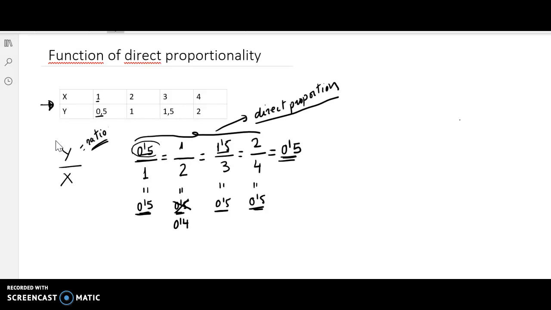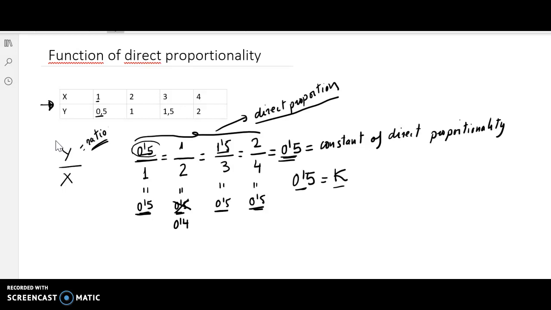So as we get the same number, we can say that this is a function of direct proportionality, and this number is called constant of direct proportionality. And we usually call this number with the letter K. And this is the constant of proportionality.